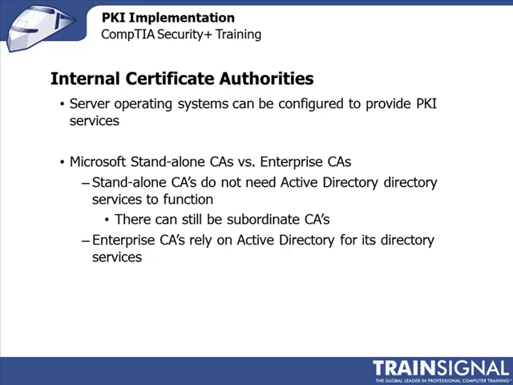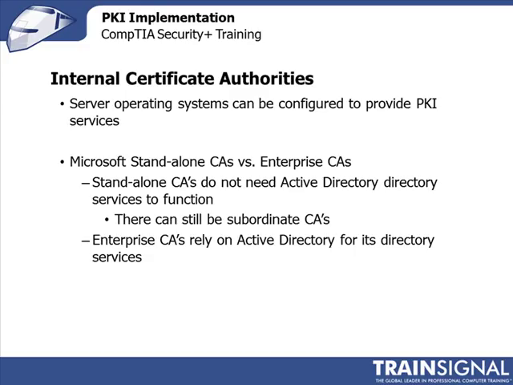On the other hand, enterprise CAs rely on Active Directory for its directory services. And enterprise CAs even have nifty templates that make creating certs easier. Using Active Directory allows certs to be linked to domain user accounts and allows the CRL to be published and disseminated using Active Directory, which is fine if your internal public key infrastructure is only used in-house and you don't need to publish your CRL publicly or for business partners, like a public trusted third-party CAs need to do.